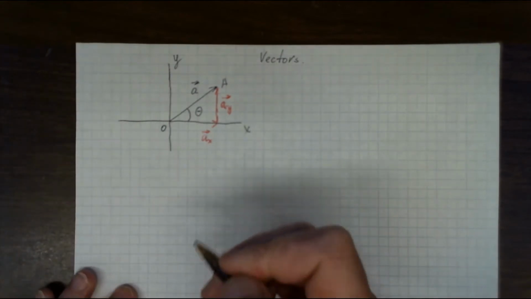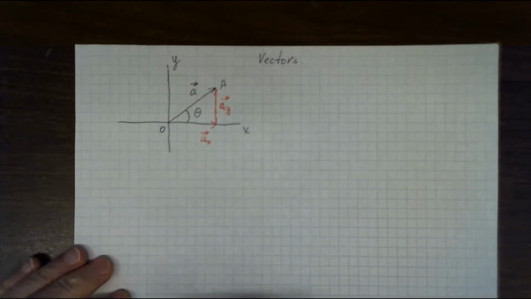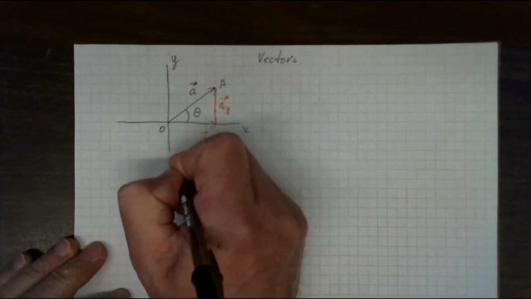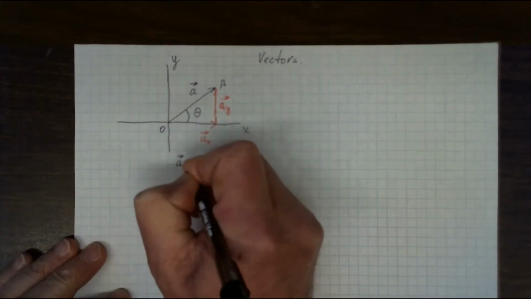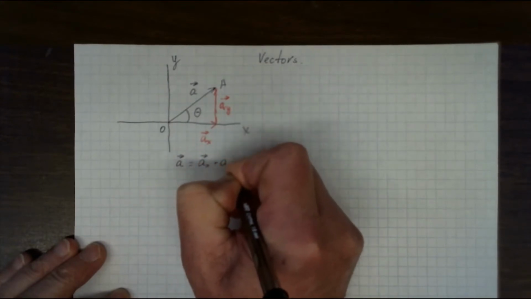Now, if the final result is absolutely identical, then I can define the operation of vector addition, or how to add two vectors. So immediately I will write that vector A is nothing but vector A of x plus A of y.